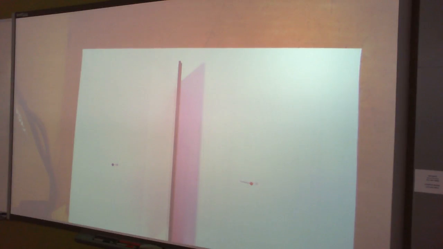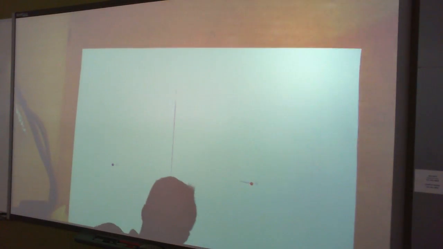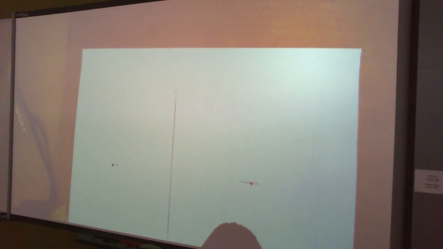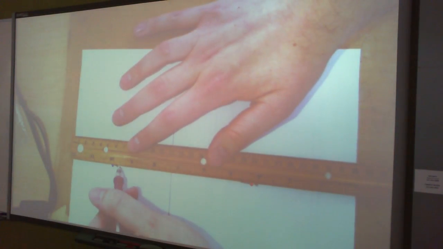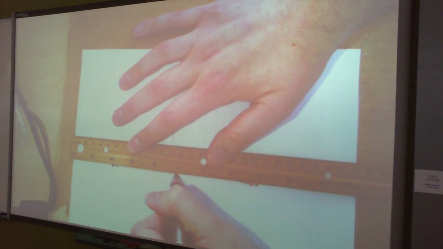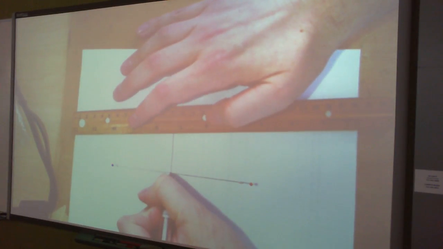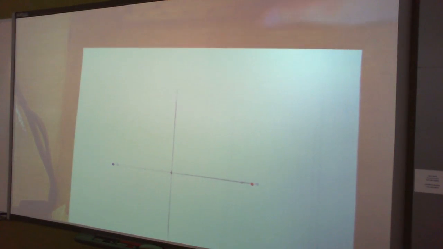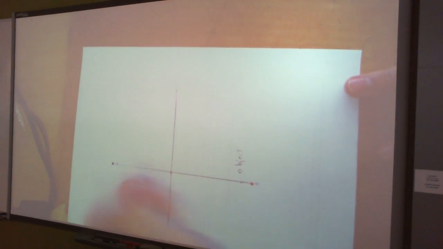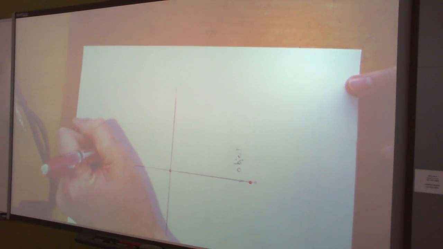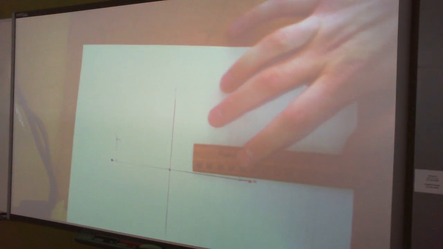All right, and then we're going to go ahead and remove this, and we can draw a line straight from here to here. And let's measure this distance. So this is the object, and this is the image, right? I'm going to measure this distance.